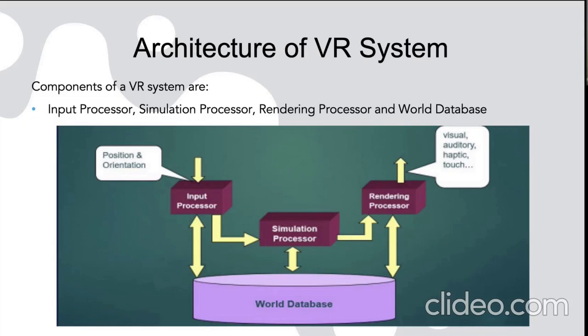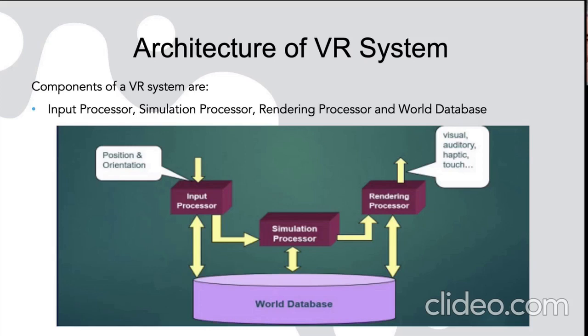It typically includes sensors, controllers, and tracking devices. As we know, sensors capture various types of input data like motion, position, touch, etc. Controllers are the handheld devices, which you can hold in your hands, that allow users to manipulate objects in the virtual environment and interact with the VR world.